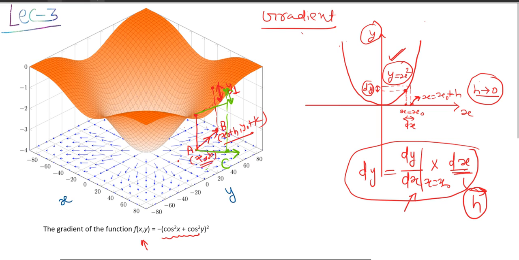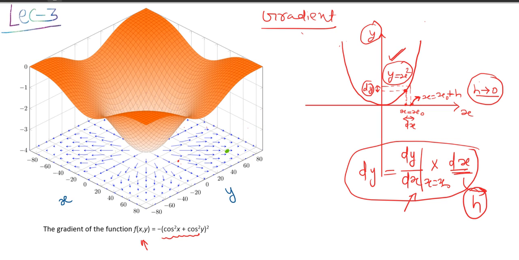So it is a little complicated to find the change in the value of this function f(x,y), because the change in f depends on the direction in which we go from the initial point. If I go in this direction, there would be a different change.